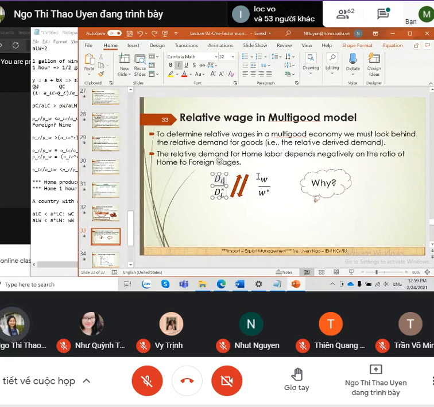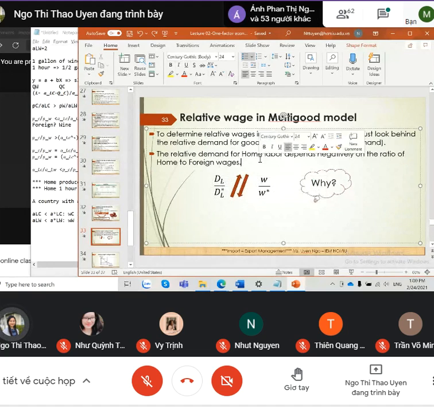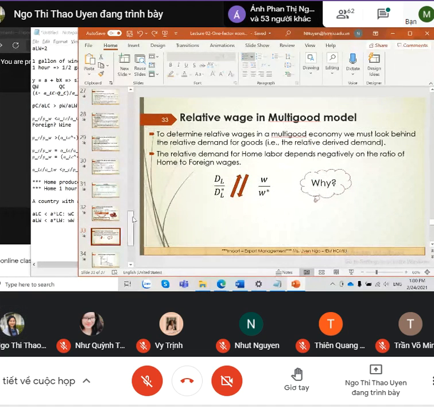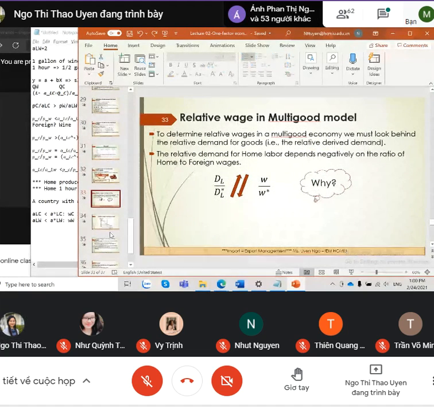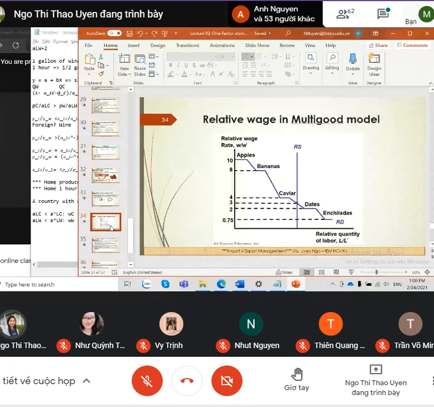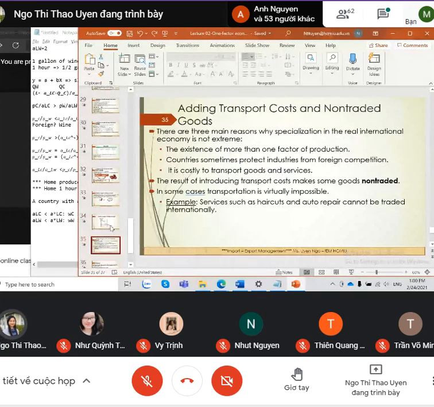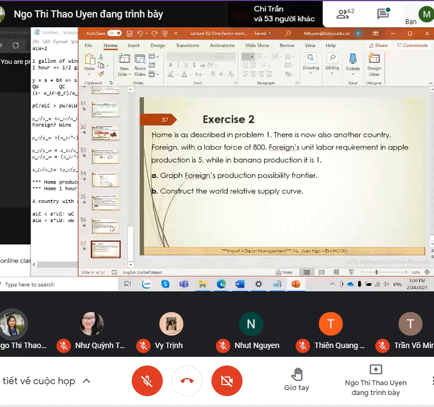When we increase the relative wage of home to foreign, then the demand for the labor of home relative to foreign would reduce. You can think of the reason at home, because we don't have time now. So there are some graphs for you to look at and some exercises to work at home.